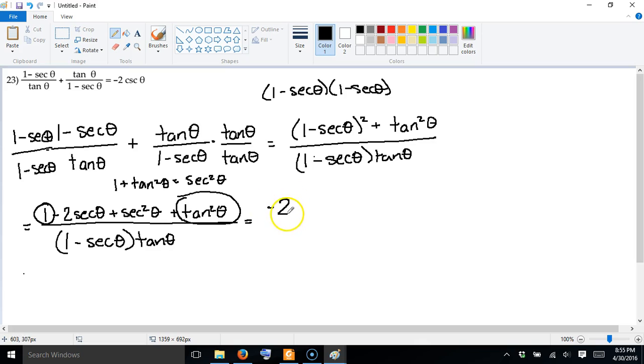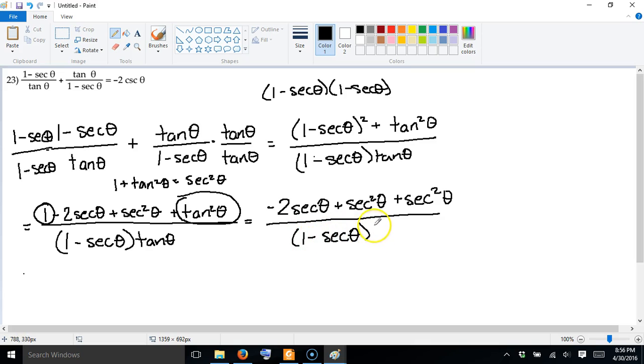So what I have here is negative 2 secant theta plus secant squared theta plus secant squared theta, all over, again, the same denominator, not changing it yet. Now let's combine like terms. We have a secant squared theta and a secant squared theta, so we have 2 secant squared theta.